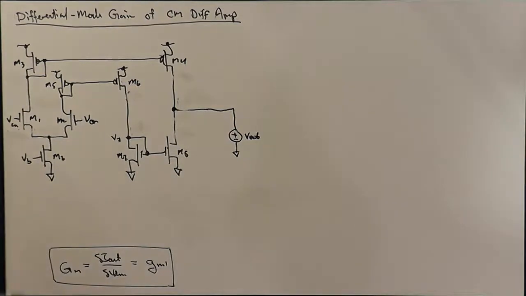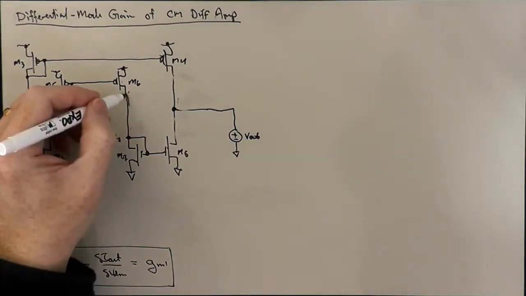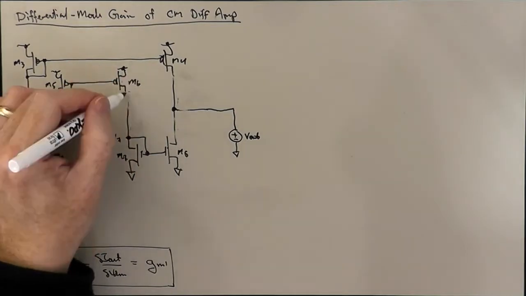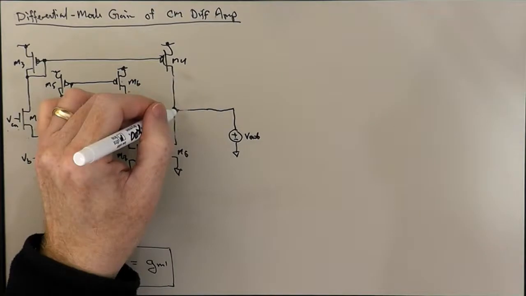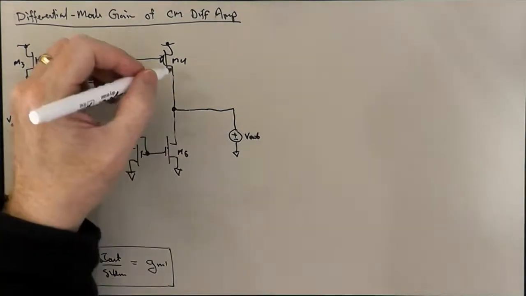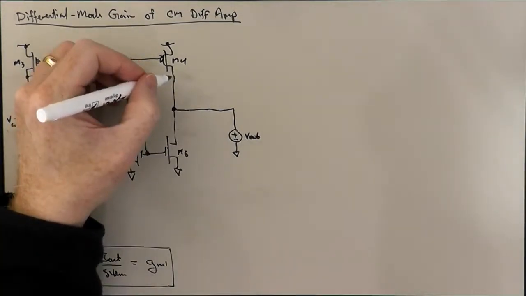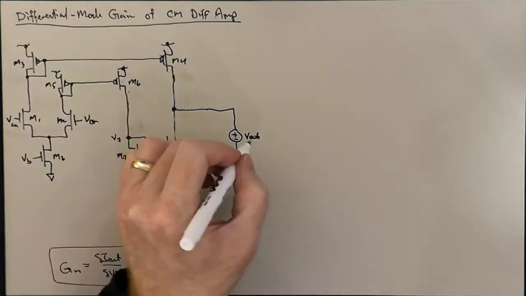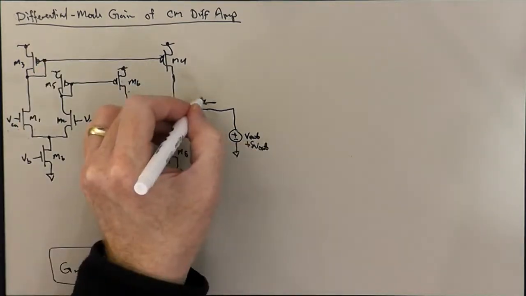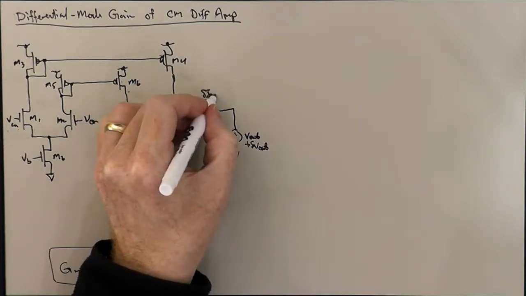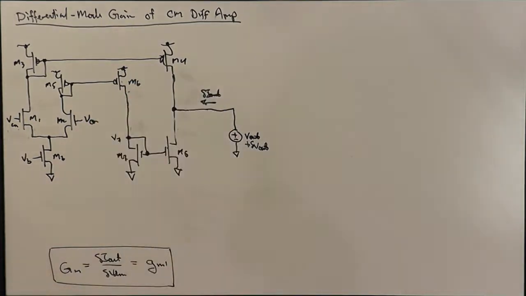That's not too bad. And what we're going to do is apply a little delta V out and see how much current goes back in to the circuit to probe the incremental output resistance of the circuit.